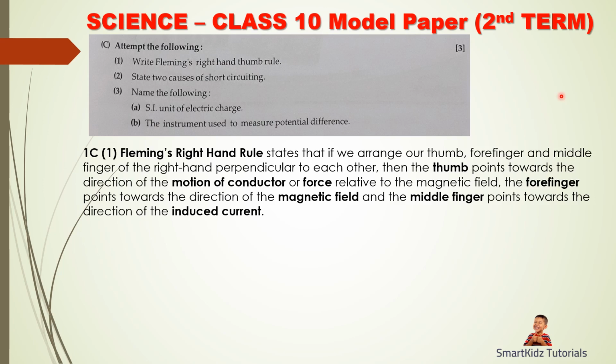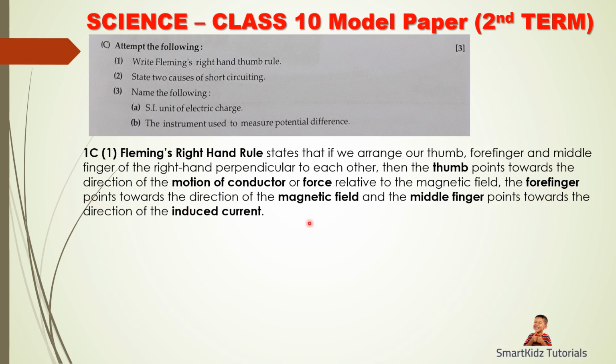All you need to know is what does the thumb represent, what does the forefinger represent, and what does the middle finger represent. So the thumb represents the direction of the motion of the conductor, or you say force as well. The forefinger points in the direction of the magnetic field.